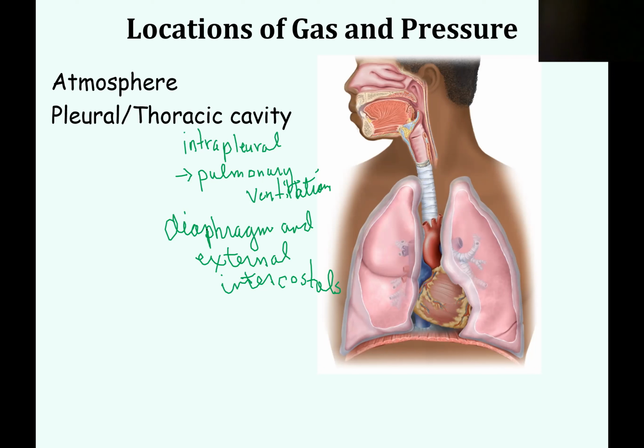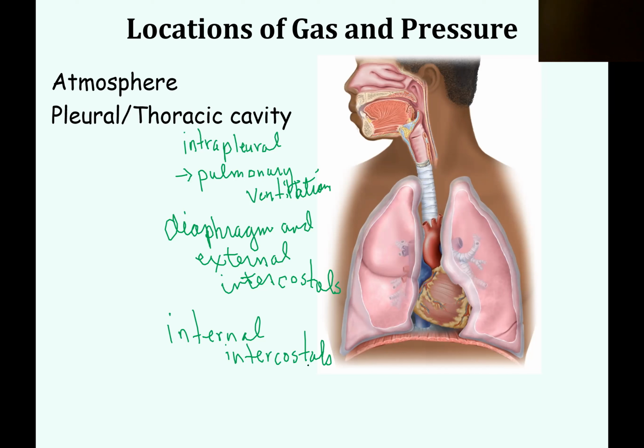Now, those are going to work against the internal intercostal muscles. They work in opposition. The internal intercostal muscles are going to help with expiration, forced expiration.